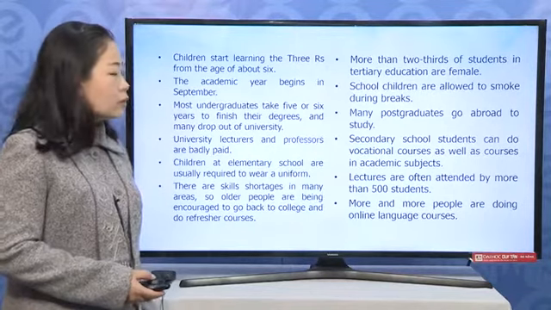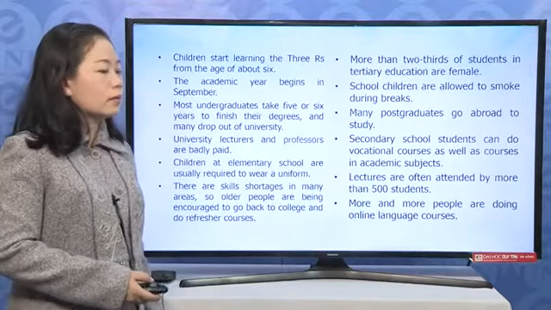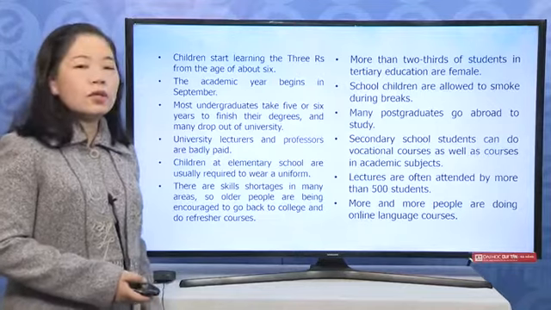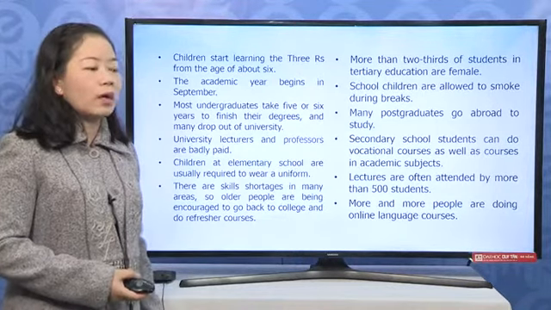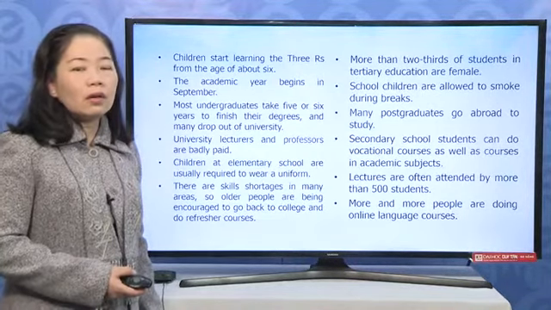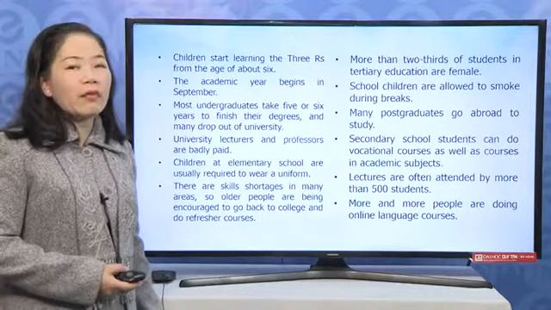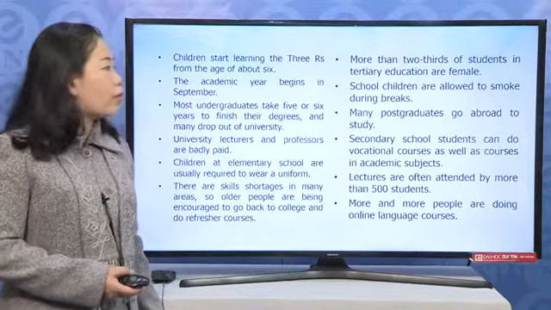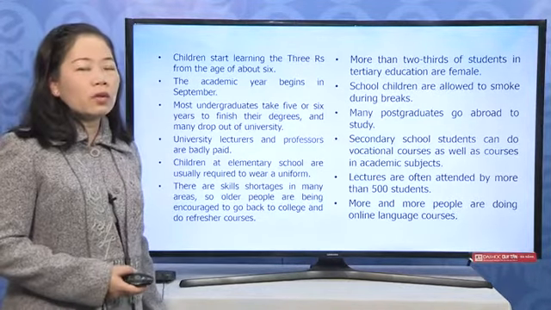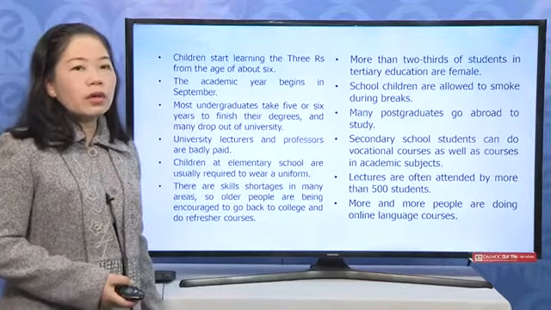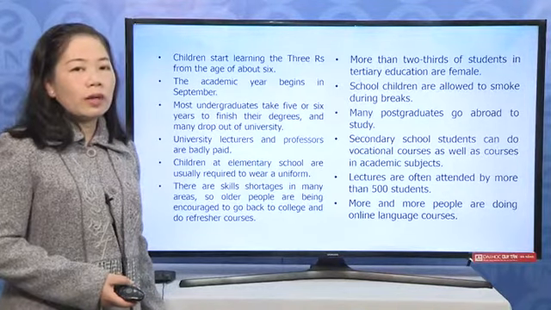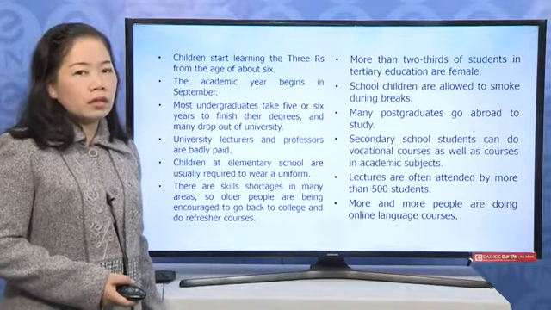For example, look at the second column. School children are allowed to smoke during breaks. In our country, Vietnam, school children are never allowed to smoke during breaks, or in general during the school time. Okay, so this idea is wrong.